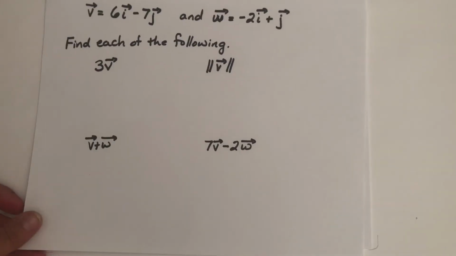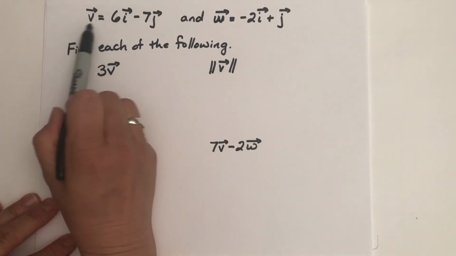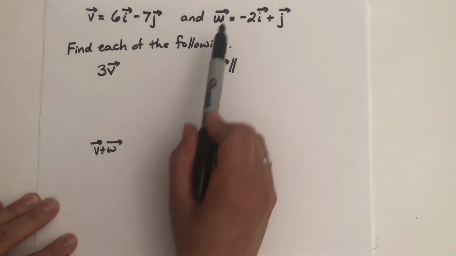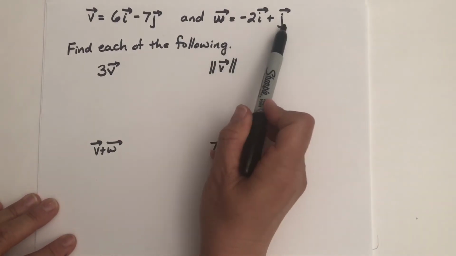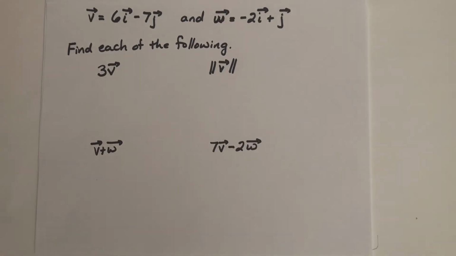So here we are. We're going to let the vectors be these two. The vector v will be 6i minus 7j, and the vector w will be negative 2i plus j, and we're going to find a few things. Let's start with 3 times the vector v.